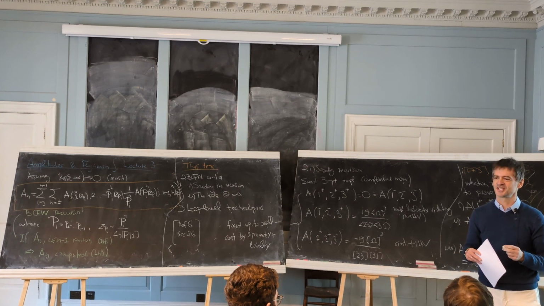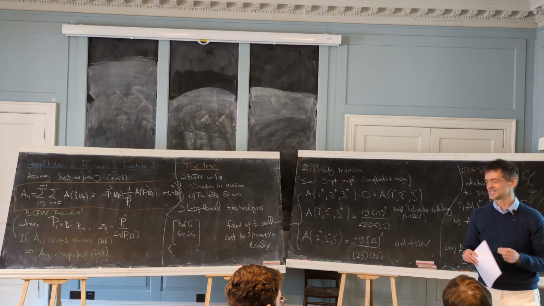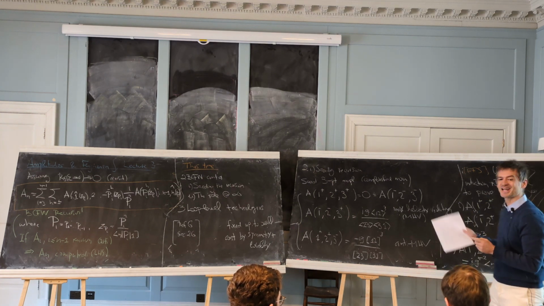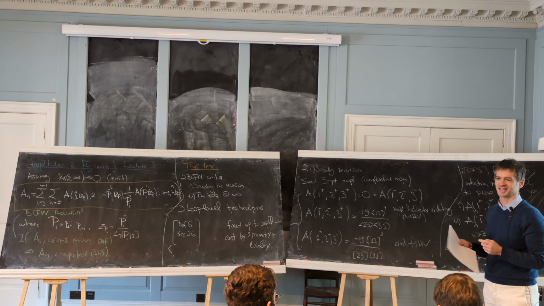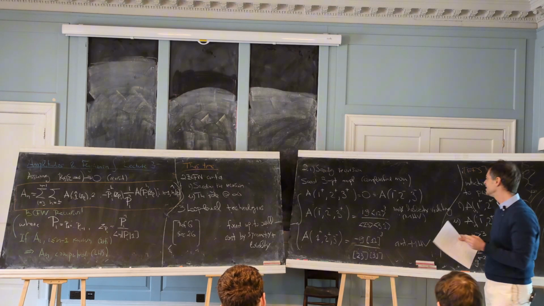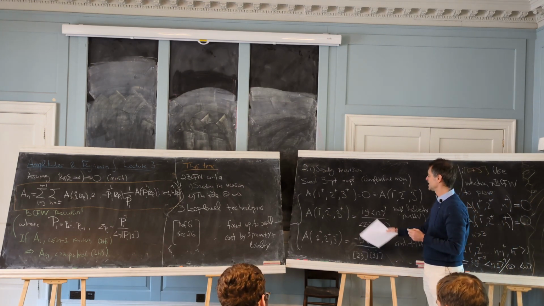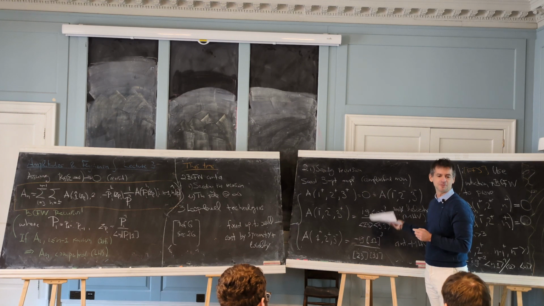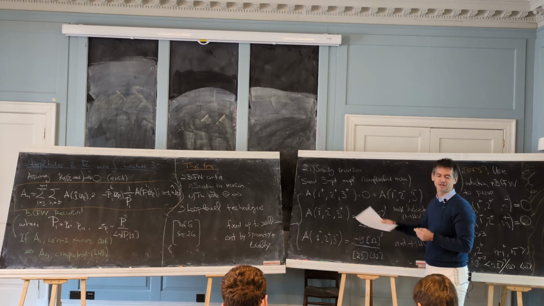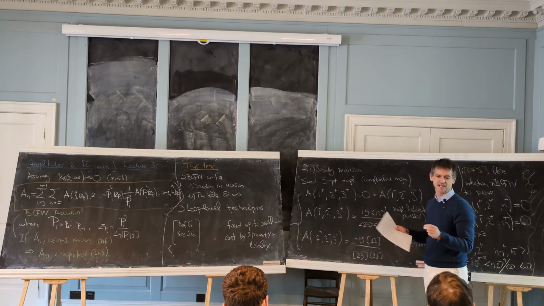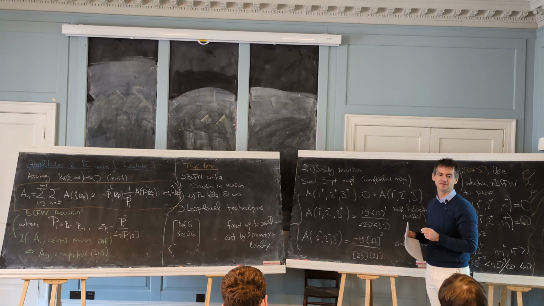Do people agree or disagree? Agree. Very good. It's actually parity that relates them. But parity, if the momenta are real, corresponds to indeed complex conjugation. More generally, they are related, and therefore it should be the same constant. Very good question. Thanks, George.